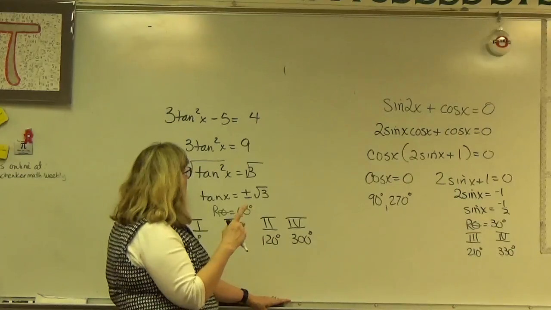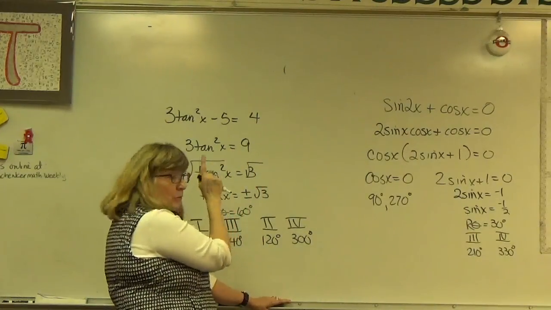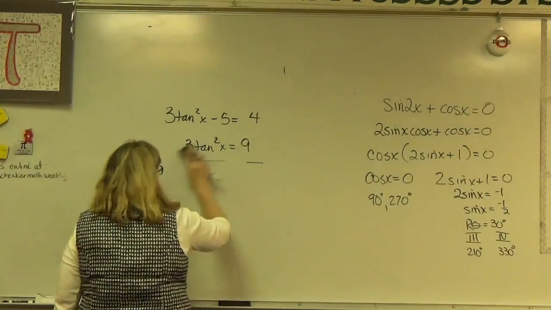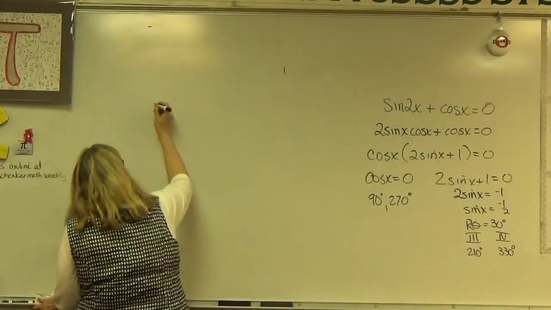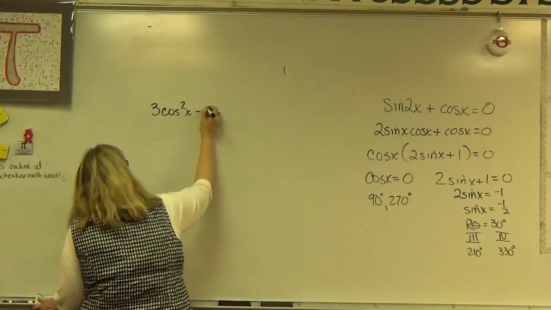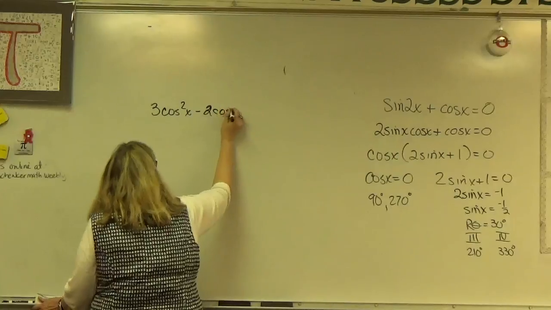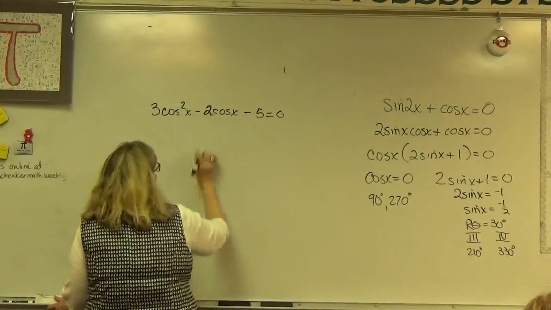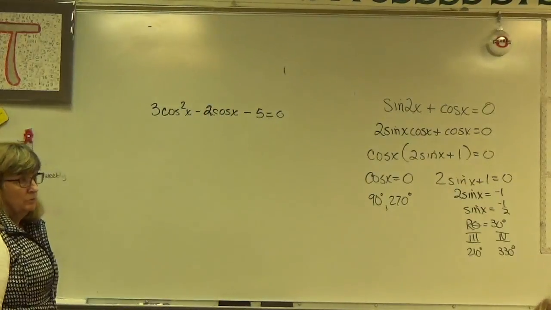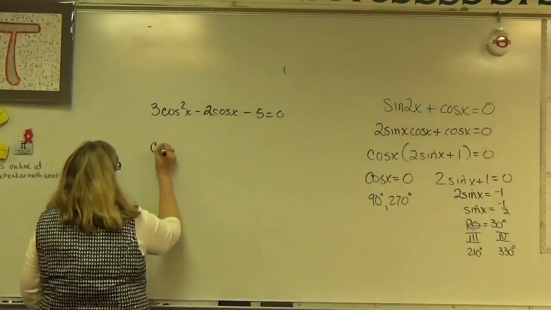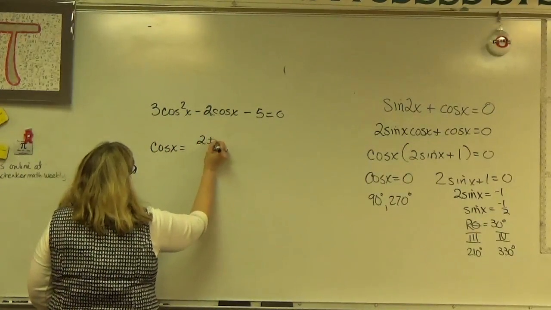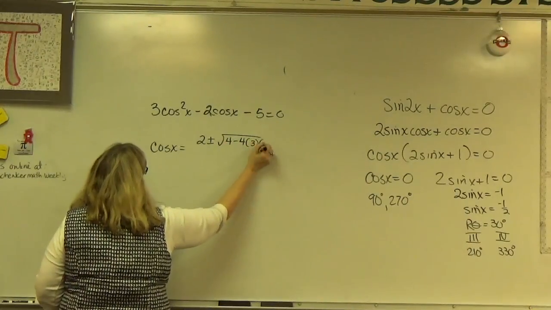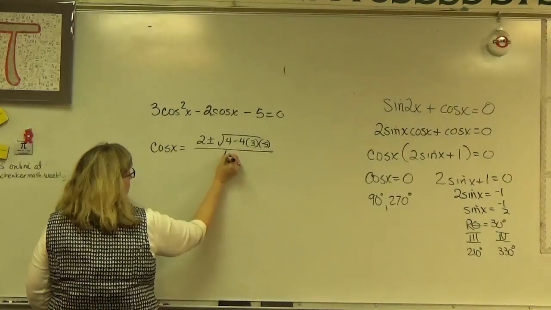Okay, so we've done a factor, we've done a formula, we did a square root, quadratic. So it's already equal to 0. Over 6.